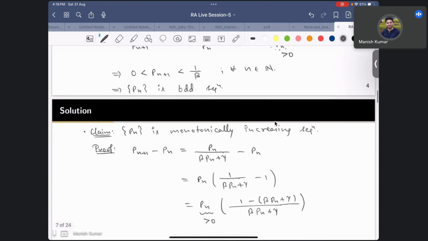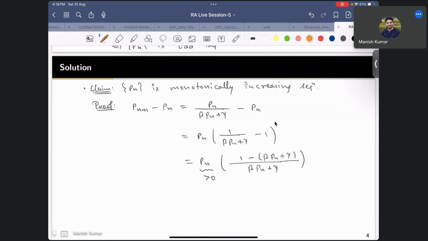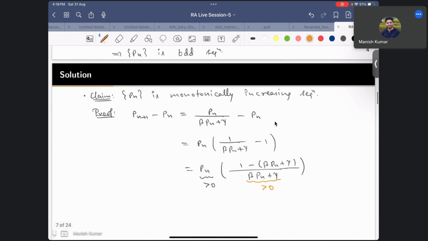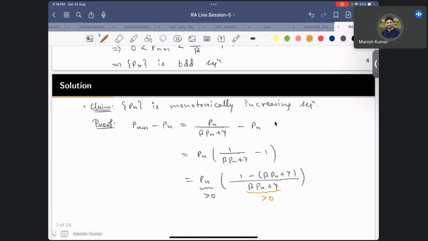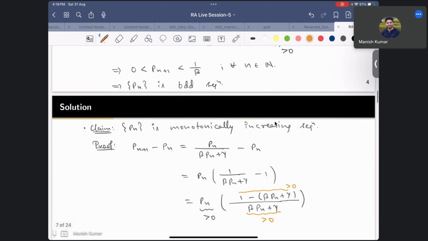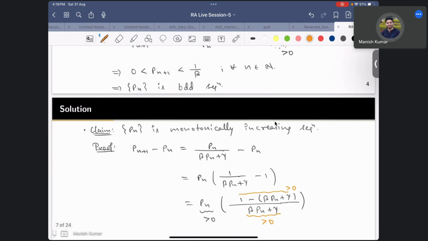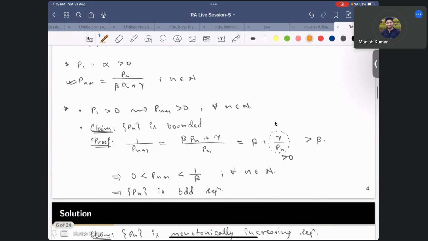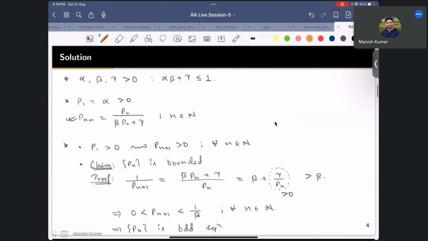So this numerator is greater than 0, this part is also greater than 0, correct? We don't have any issue over here. Now what we need to make sure is that this part is greater than 0. And how to show that? We have been given this condition, so let me see how we can use it.